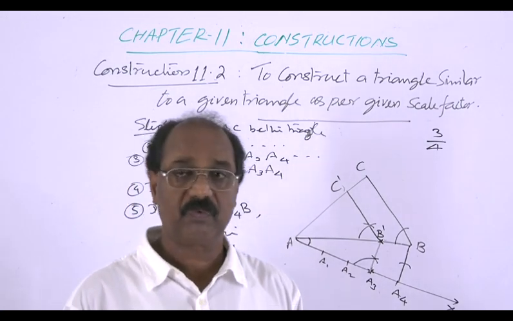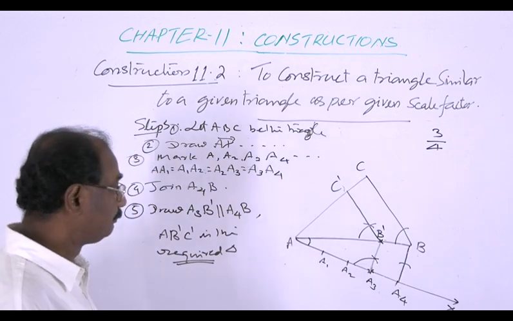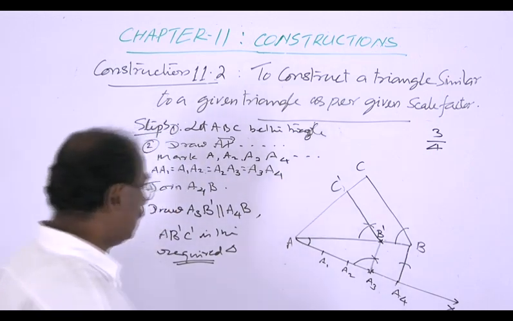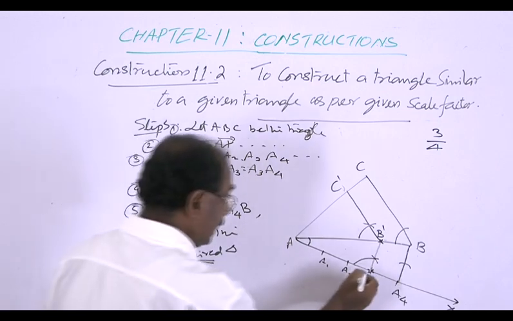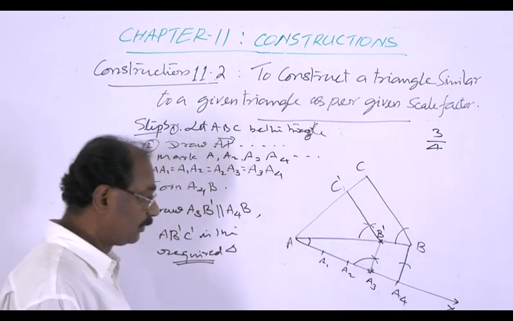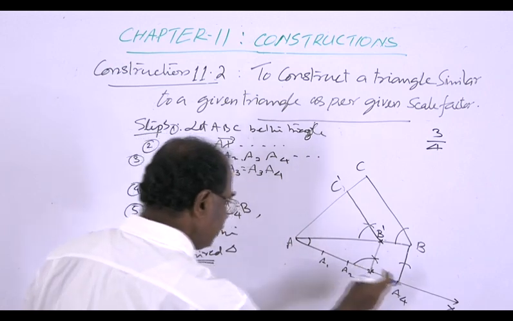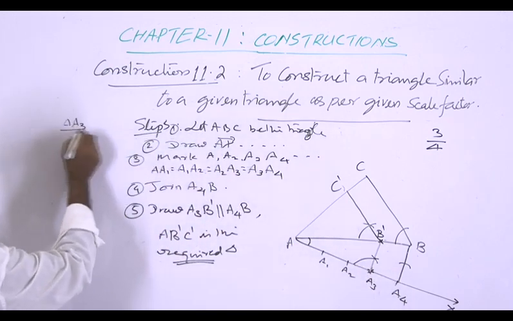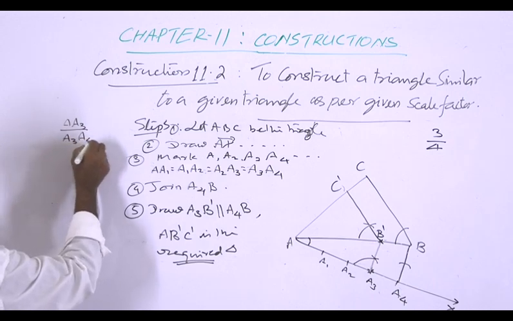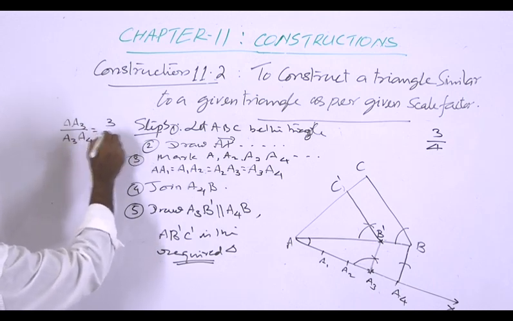And now, for this verification, consider this A3B dash. This AA3 by A3A4 is equal to 3 by 1.